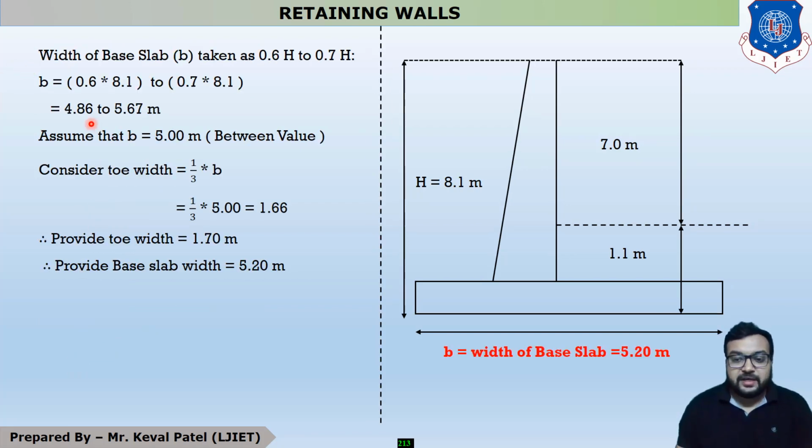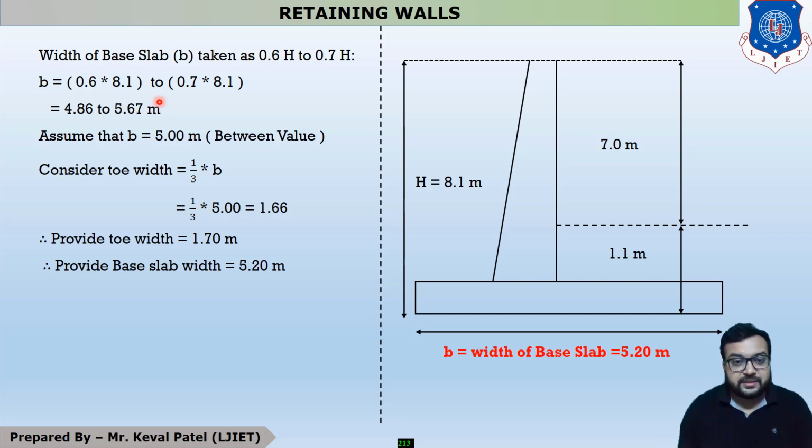Now, after finding out the total height of the retaining wall, we have to find out the base width. So, in the cantilever retaining wall, the equation for finding the base width is under root 3f upon 2 gamma. But in the counterfort retaining wall, it is directly given that the width of the base slab is 60 to 70 percent of the total height of the retaining wall.